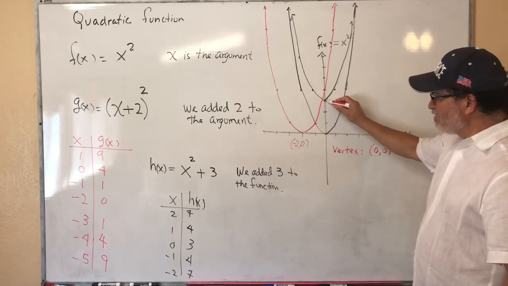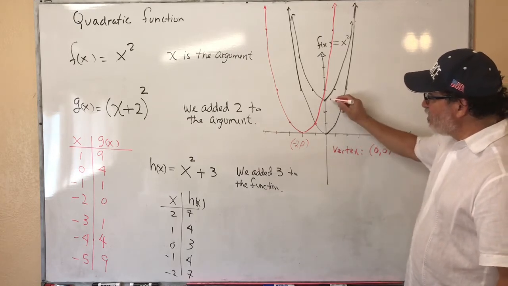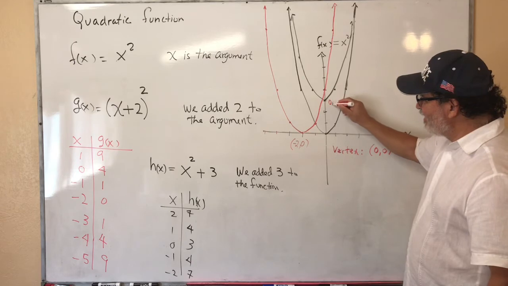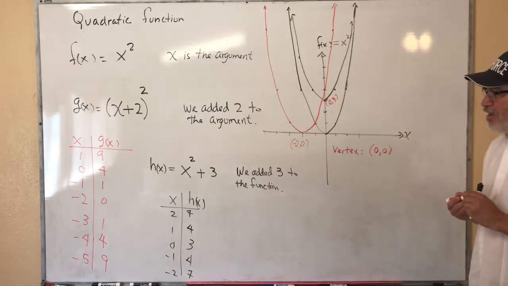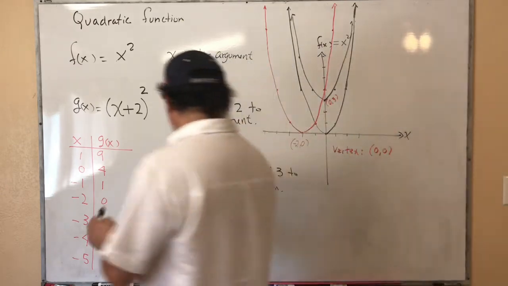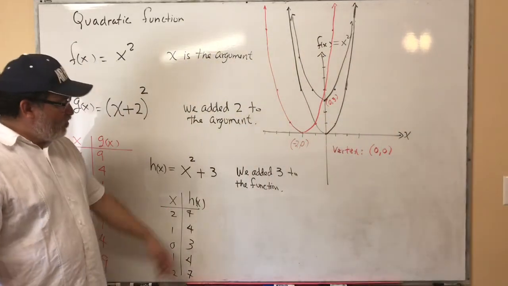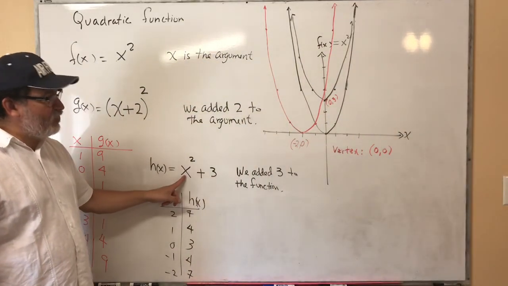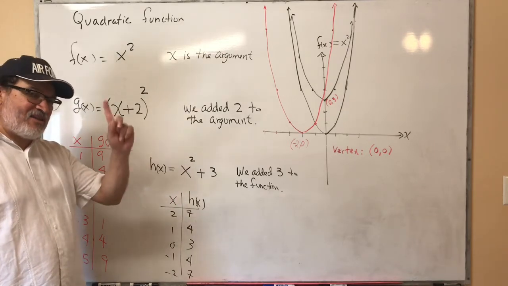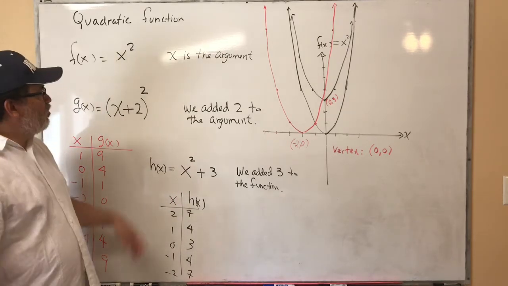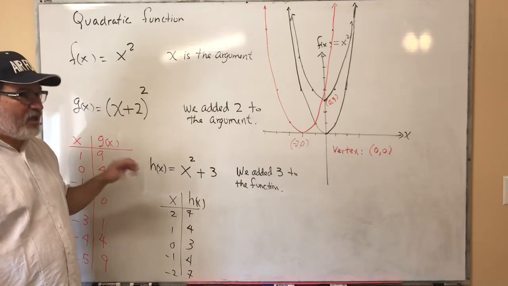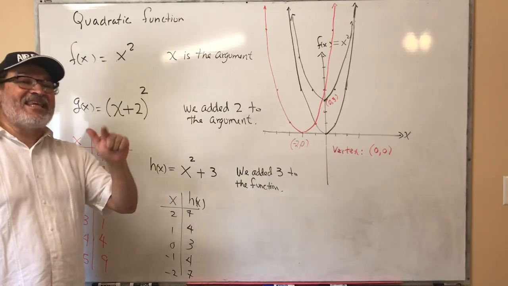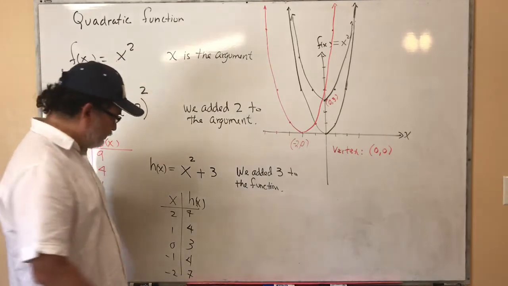What's the vertex? 0, 3. So here's the point. When you add to the function, it's a vertical shift, not in the opposite direction. When you add to the argument, look, this new argument is being squared, it's a horizontal shift in the opposite direction. Okay, very good.